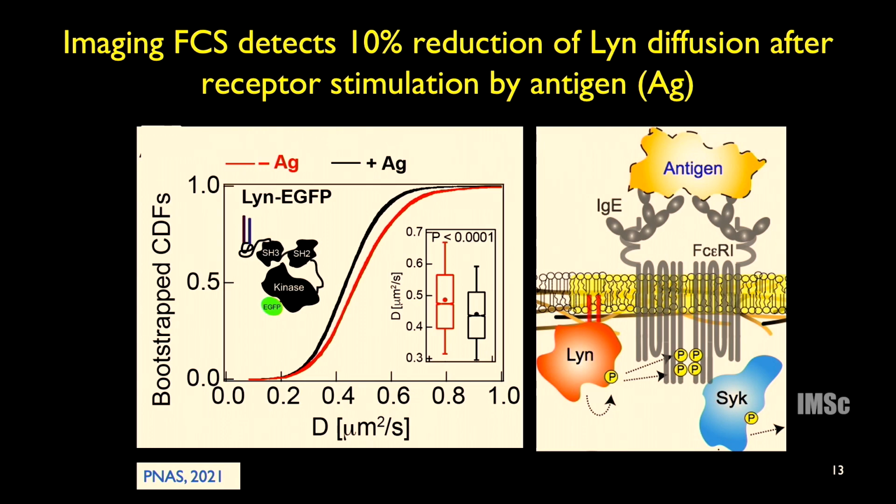Indeed, you see that this is the cumulative distribution of diffusion constant of Lyn, and the red one is before antigen. After stimulation, you see a clear blue shift in its diffusion constant. It means that the diffusion indeed decreased. Now, this decrease is only about 10%, which is what you expect, because remember I was telling you the interaction is very transient.